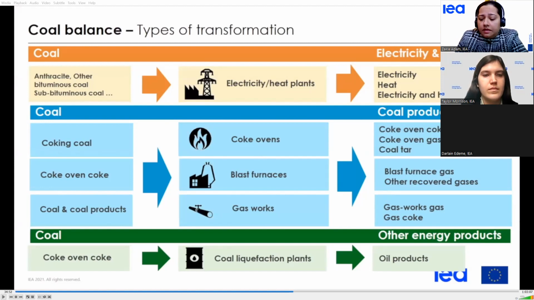So yes, at the IEA, we have been making analysis on the impact of electric vehicles on oil demand, and there are a few reports and analysis that we have published. For example, there's the Global Electric Vehicle Outlook that came out last year, so I will share the link to the report in a few seconds.